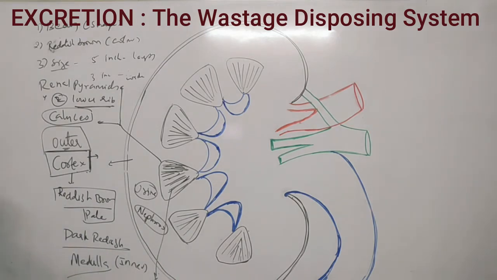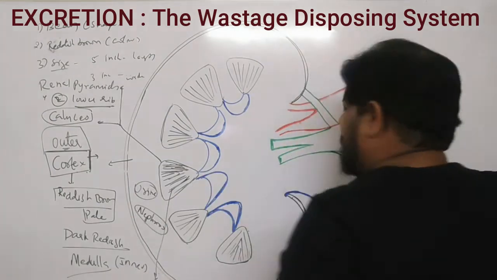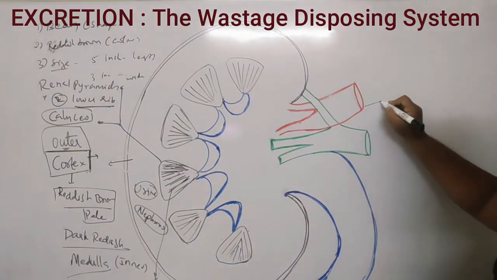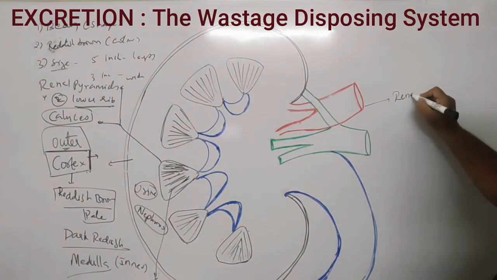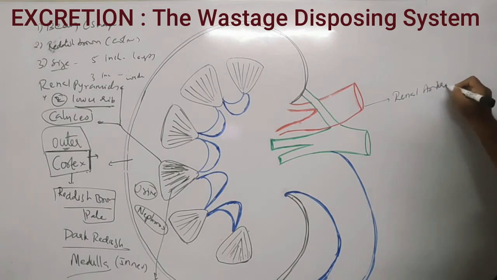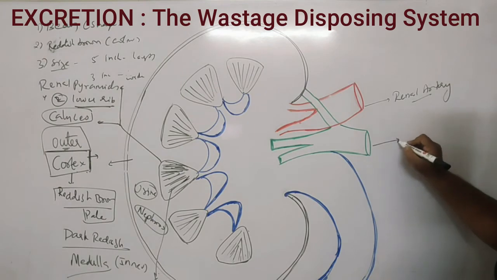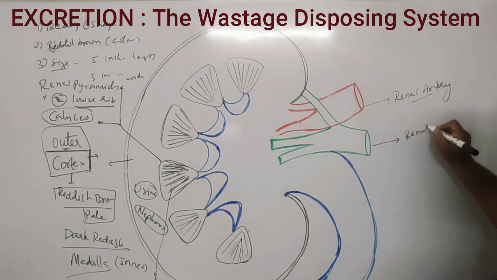Now you can see here, this red one is the renal artery, and this green one is the renal vein.